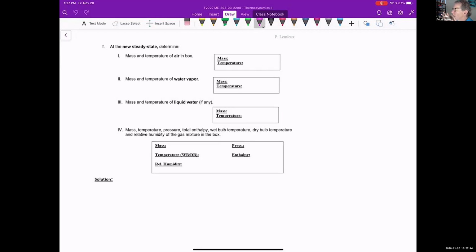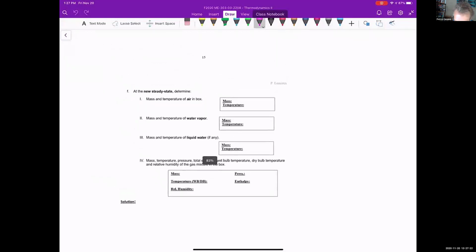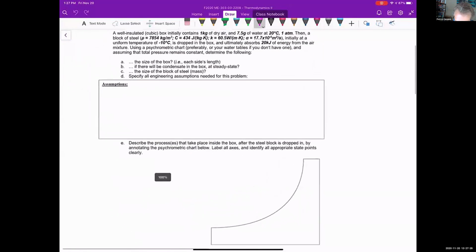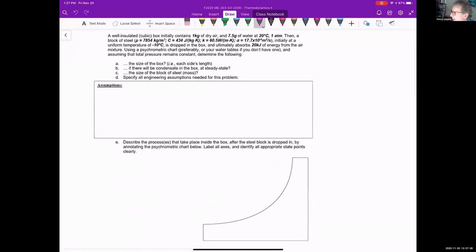Well, on a smaller level, you're doing the same thing on an individual problem by having read every single part of it. So let's start with that. I would argue that the first thing that I would do if I saw a problem like this is start thinking about part E, the sketch of where I'm at initially, my initial steady state, and where my final steady state might be.